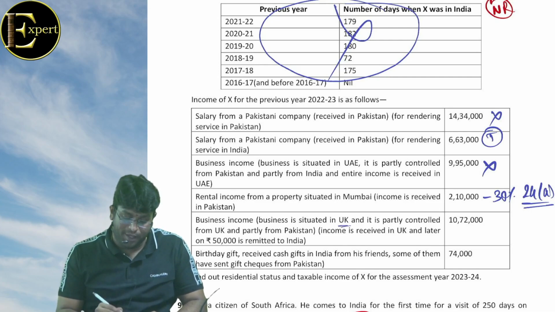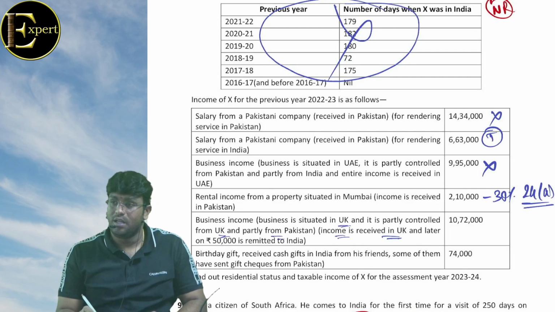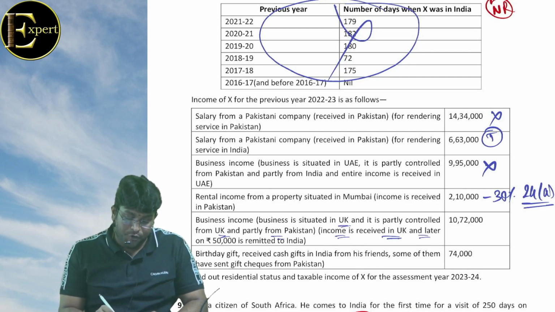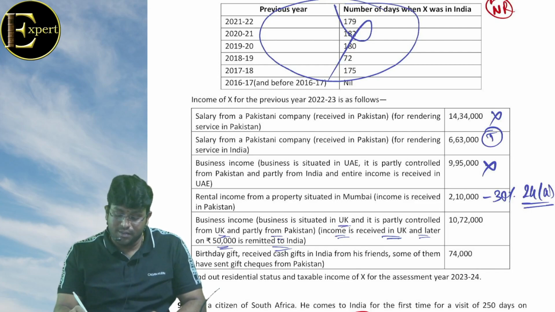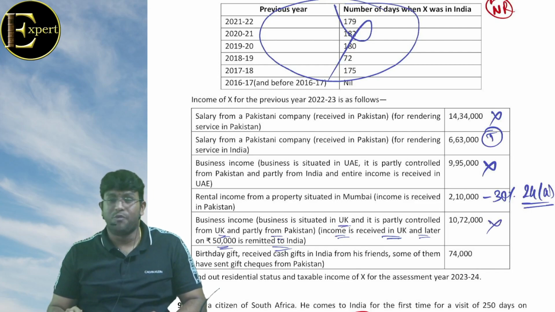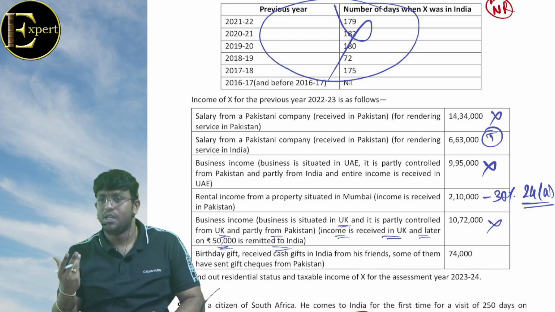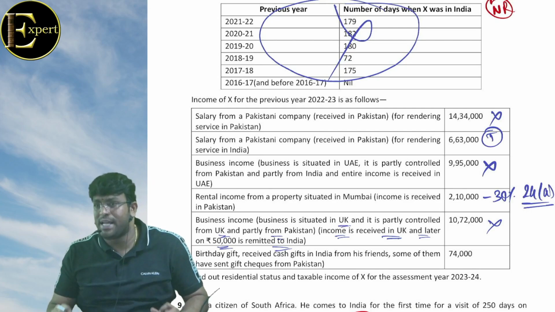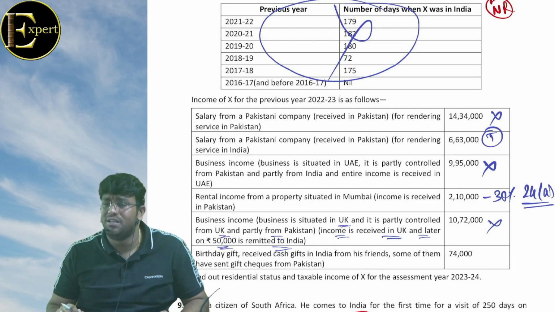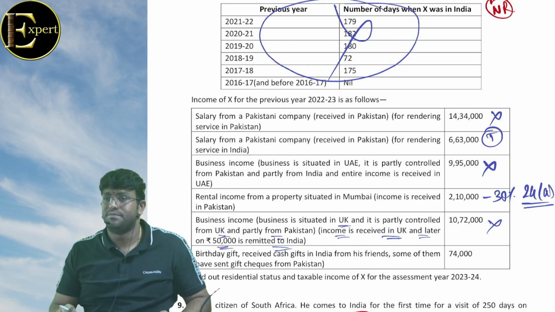Partly controlled from UK, partly from Pakistan. Income is received in UK. And later on, 50,000 remitted to India. Nothing is taxable. So what if 50,000 is remitted to India? Is remittance relevant? No, not taxable. Story finished.